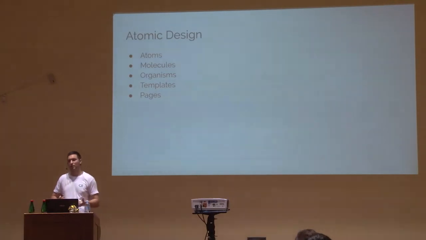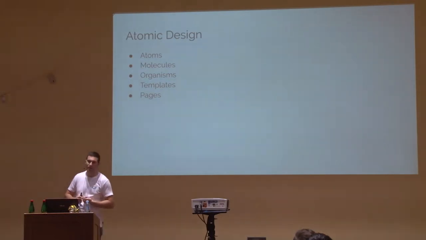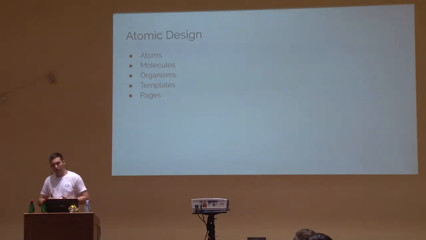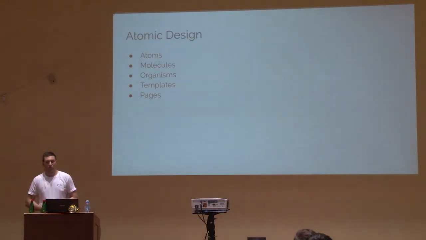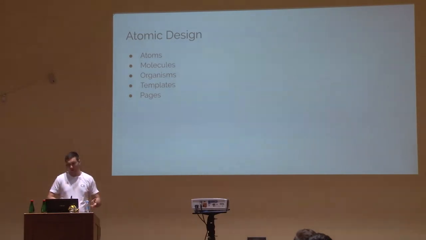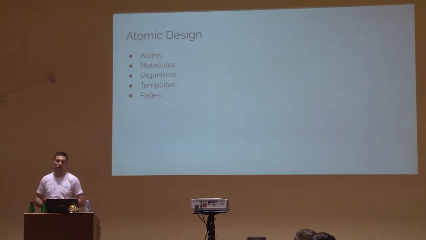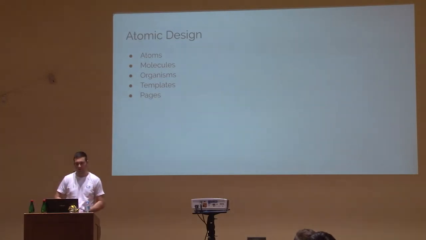For example, an accordion item can be named a molecule because it usually contains a heading atom, an icon atom, and some text or paragraph. And organisms are fully functional combinations of those molecules and atoms. For example, a completely working accordion is one organism.